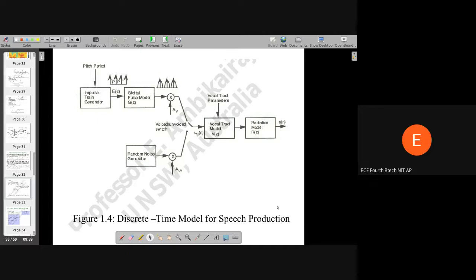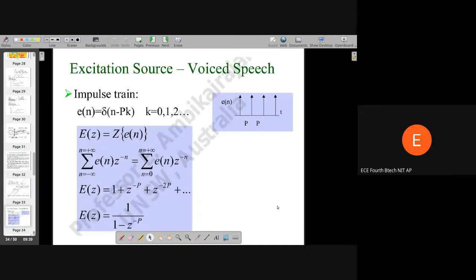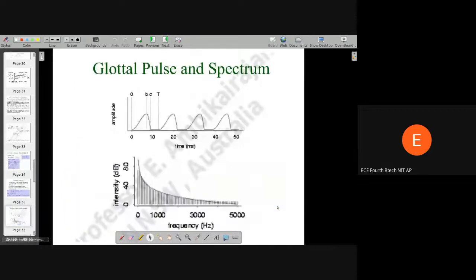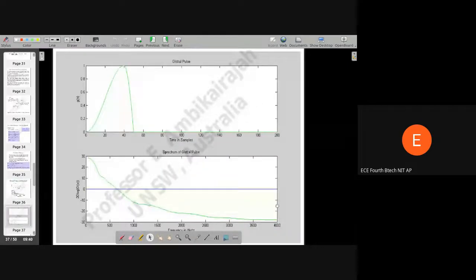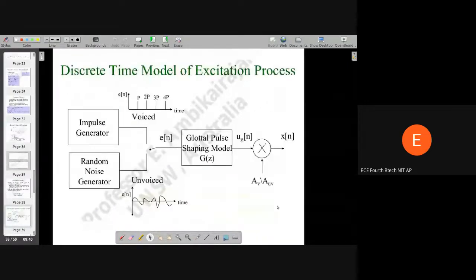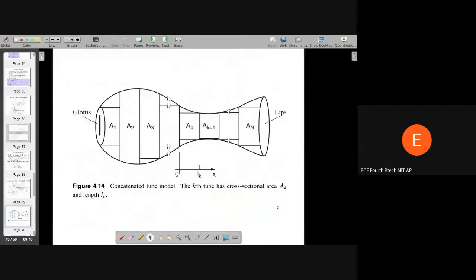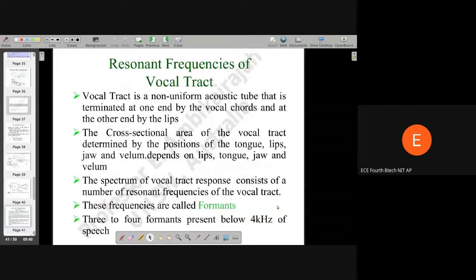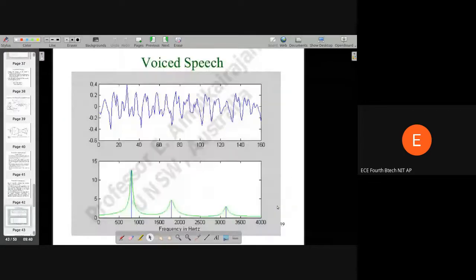What are the transfer function equations, how do we model them, and so on and so forth. We discussed the resonant frequencies of the vocal tract, that generally for every kilohertz there is a resonant frequency.